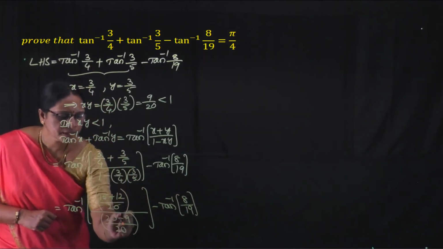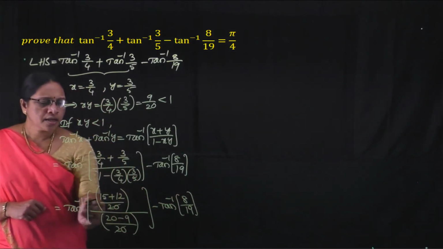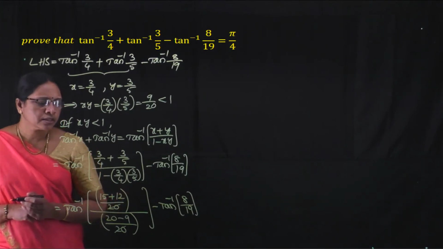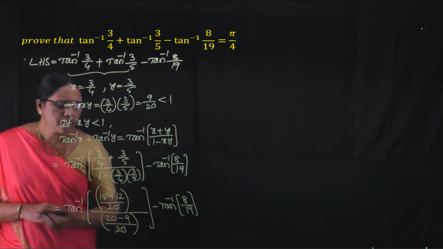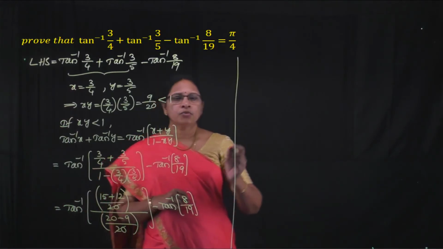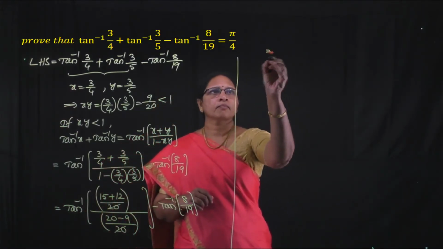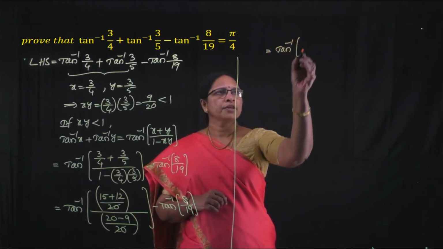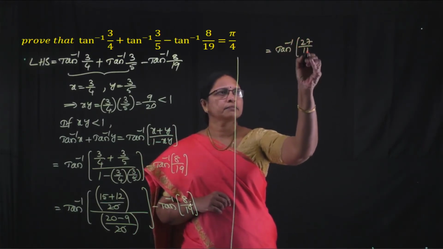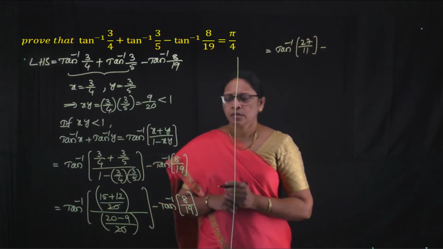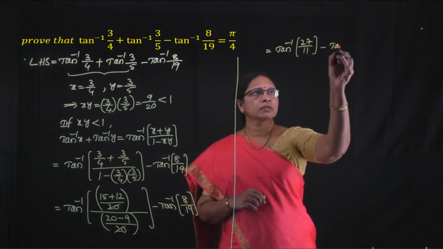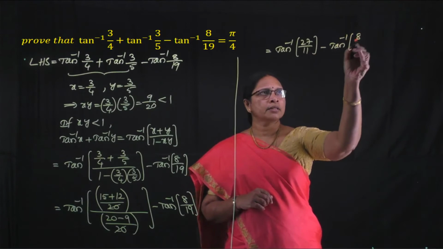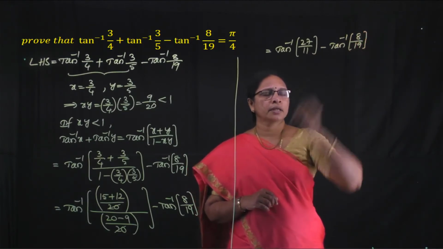Here 20 gets cancelled. Tan inverse of (15 plus 12), that is 27, by (20 minus 9), that is equal to tan inverse of 27 by 11 minus tan inverse of 8 by 19.